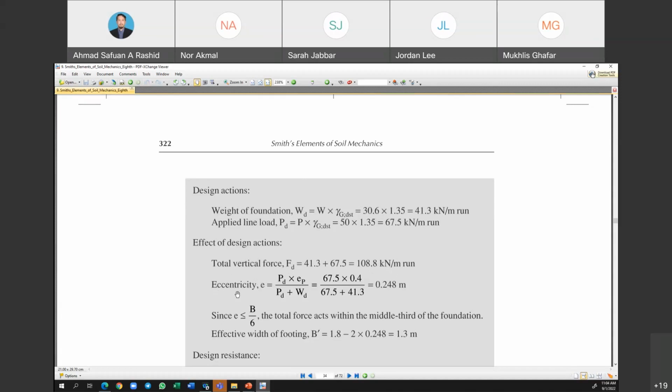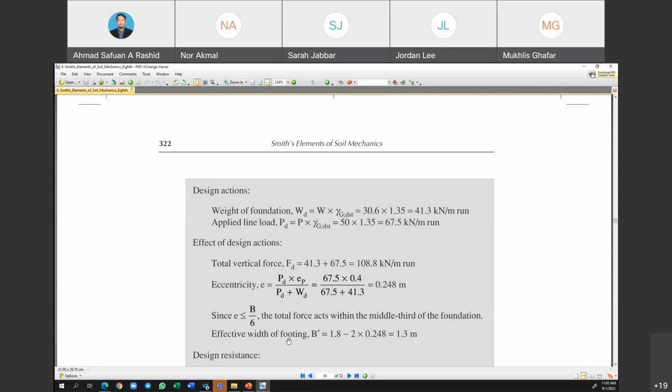From there we calculate the eccentricity, the same procedure as the previous one, which is PD over A times EP over PD plus WD. We obtain 0.248. Since e is less than B over 6, the total force is within the middle third of the foundation.